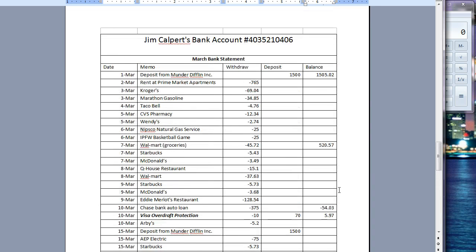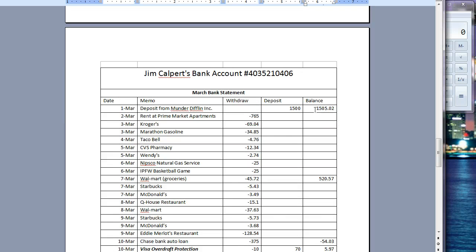Let's go ahead and give you an example of how to do a couple of these. As you see, Jim starts out the month with a $1,505.02 balance. The first thing that happens to Jim is he has to pay rent for his apartment, which is $765 a month.